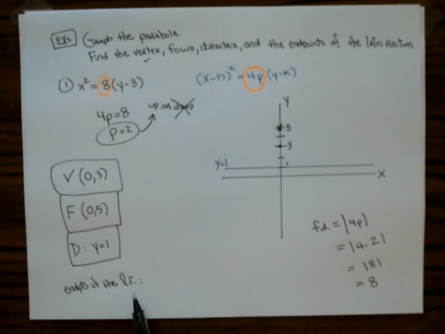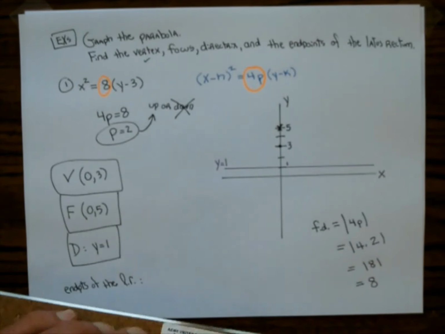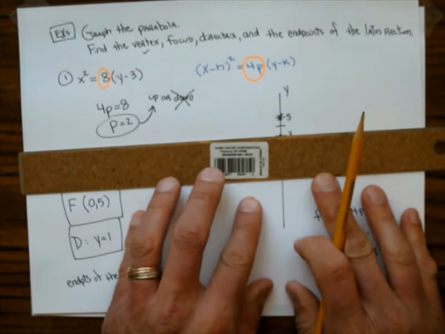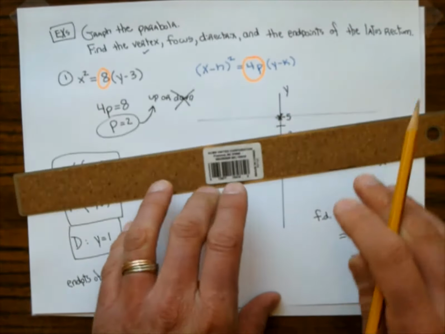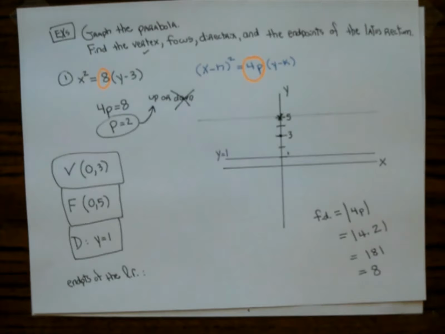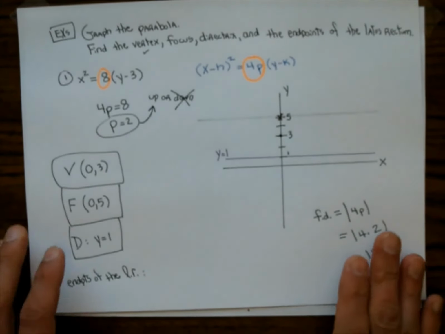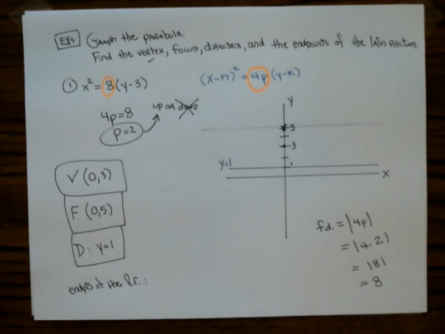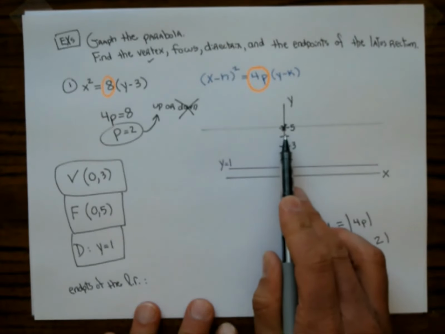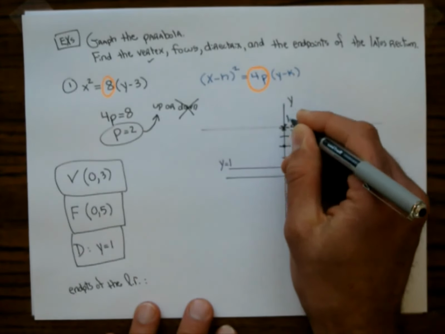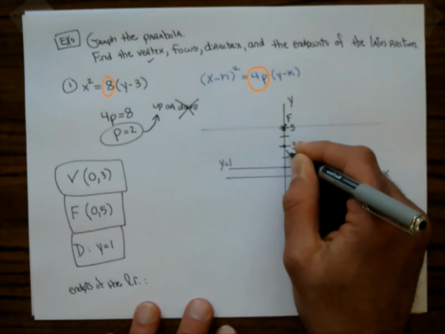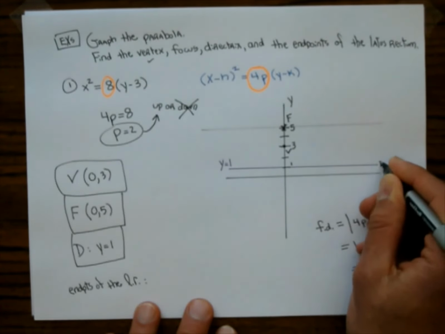So what we're going to do is go up. Let me actually use a pencil, and I'm not saying that this is anything significant on the graph. Let's go like that. And the endpoints of the latus rectum will be on that line there. I'm using the focus as sort of the center of that. So here's the focus, here's the vertex and the directrix.